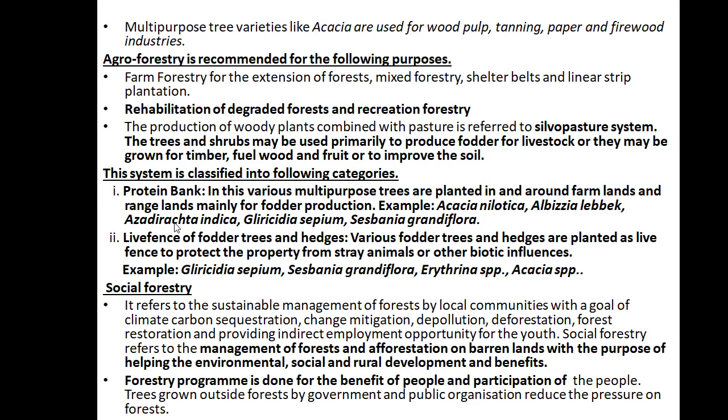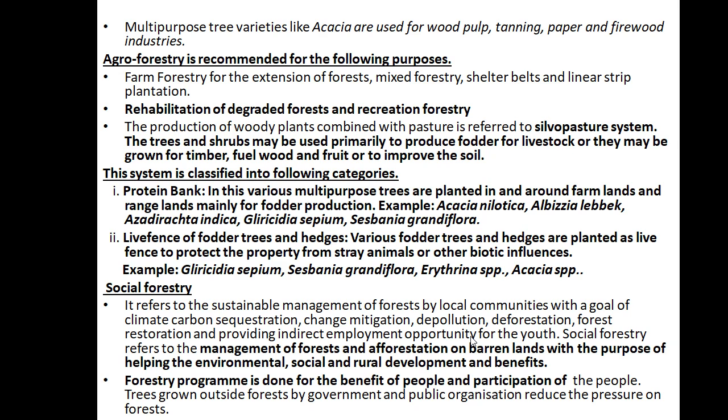And what is called social forestry is nothing but management of forest by local communities with the goal of climate change mitigation, carbon sequestration, and pollution and depollution. What is carbon sequestration? That I will explain to you later. To avoid pollution we have to do depollution.